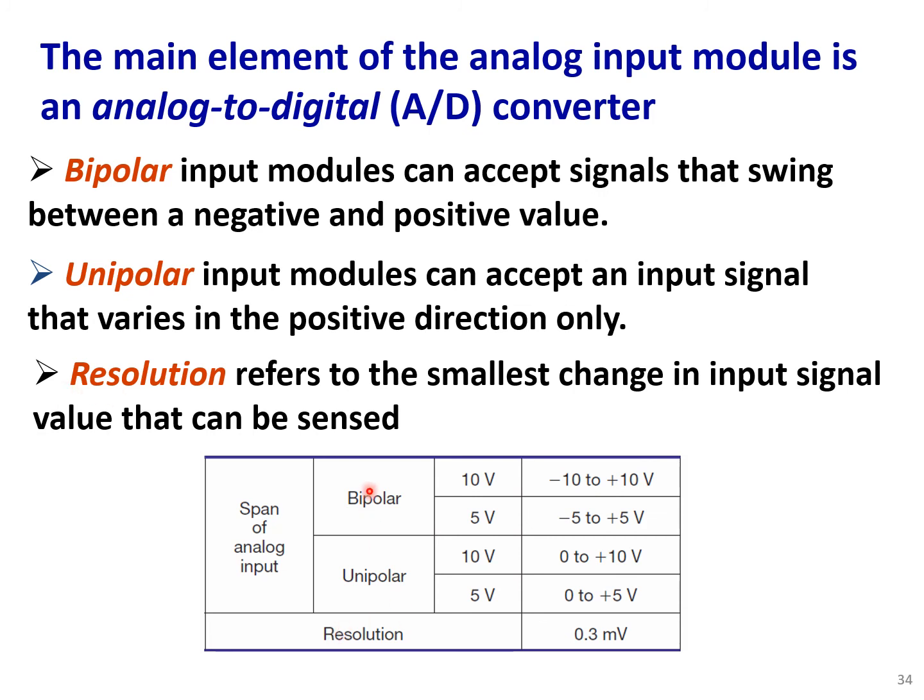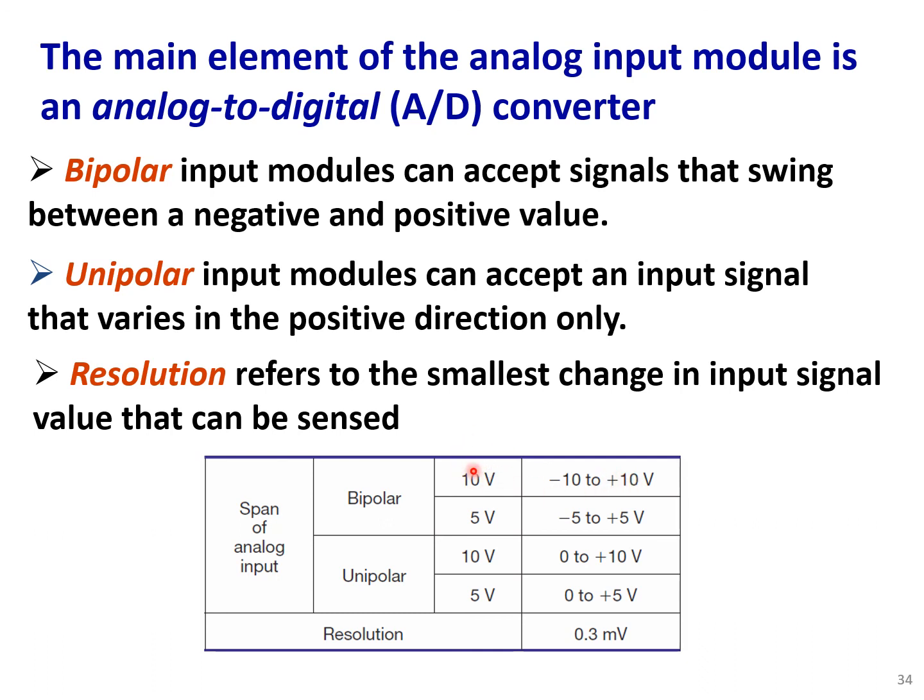So here we have our bipolar and unipolar. On the bipolar side, you see it accepts negative and positive numbers. So minus 10 to 10 voltage. And this is just a span, yes. This is the span from 0 to 10.